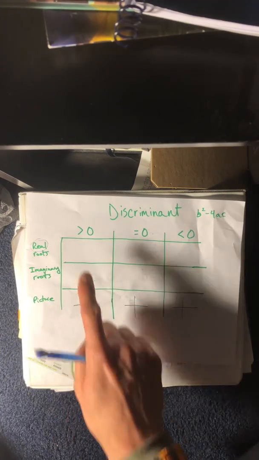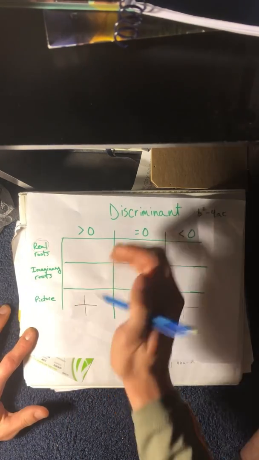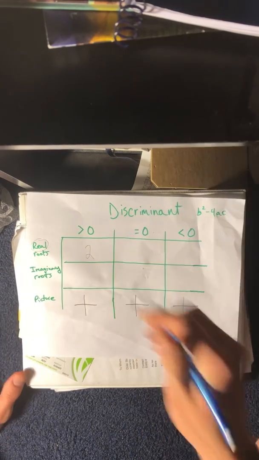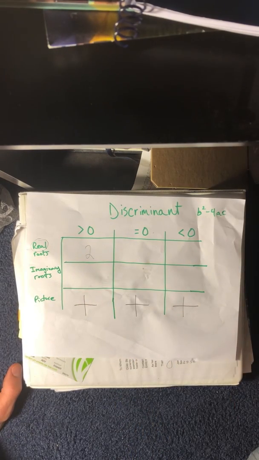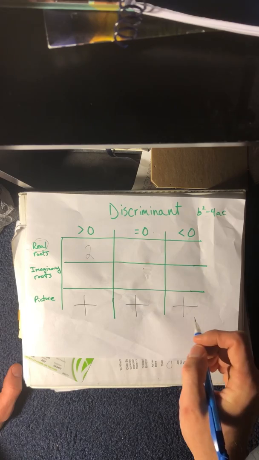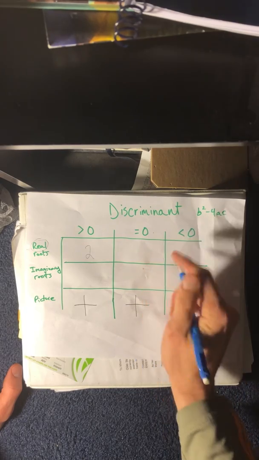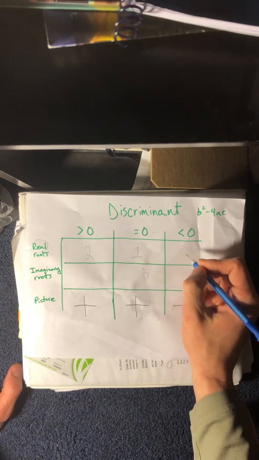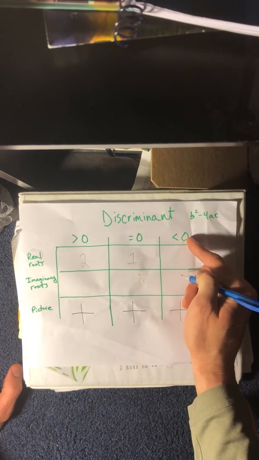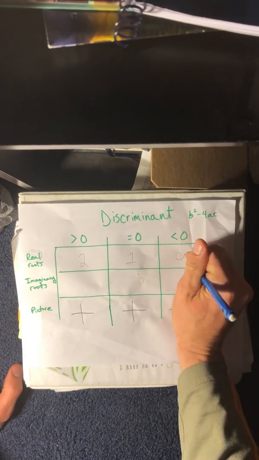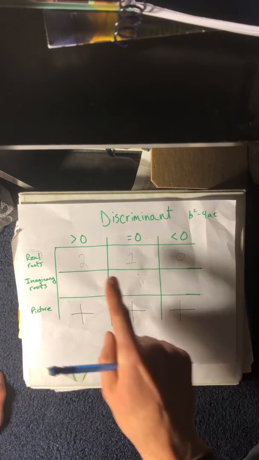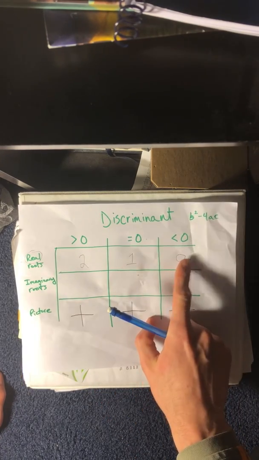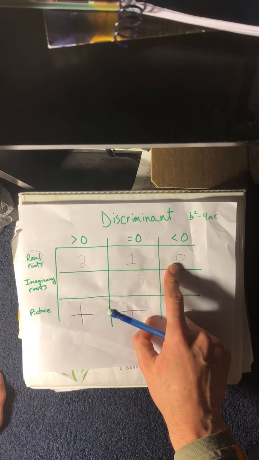So if you have a discriminant of more than 0, then you have 2 real roots. If it's equal to 0, you have 1 real root. And if you have less than 0 as the discriminant, then you have no real roots. Now remember, these are the solutions. So this would be where we would write no solution.